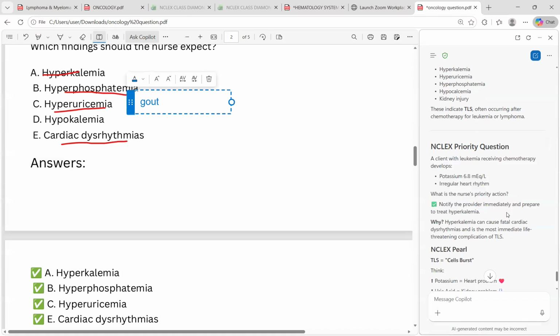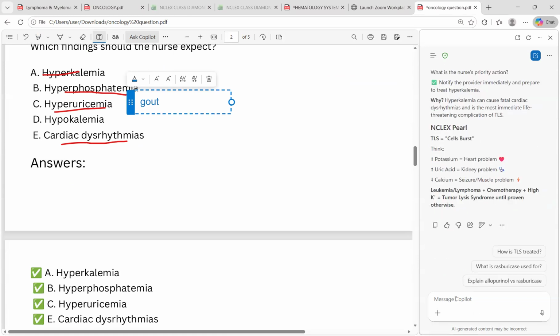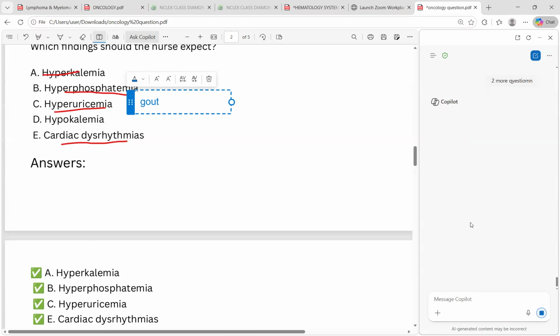So there is no option. This topic is question asking area, tumor lysis syndrome.